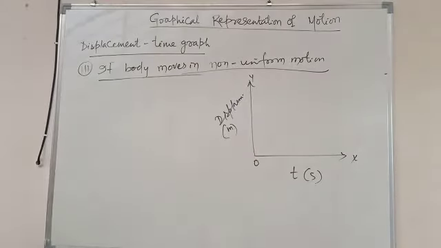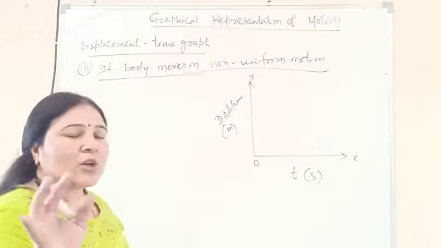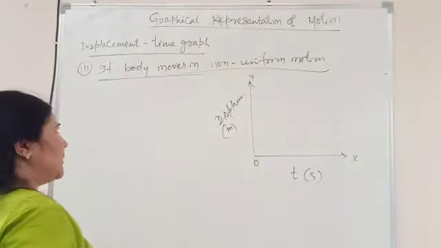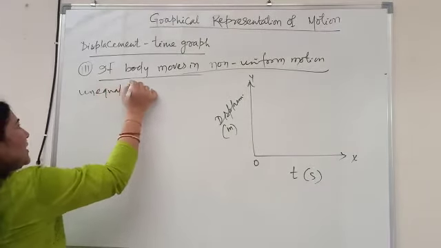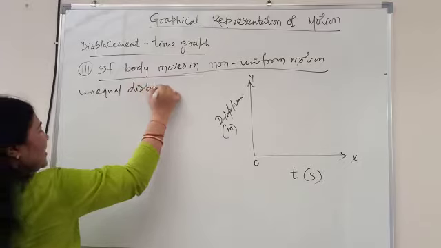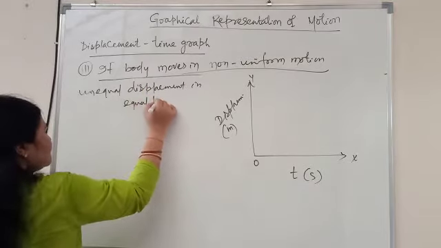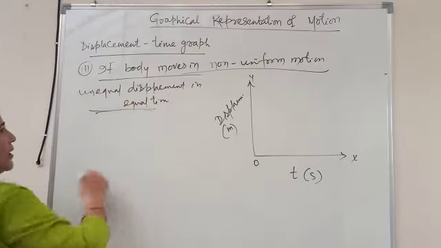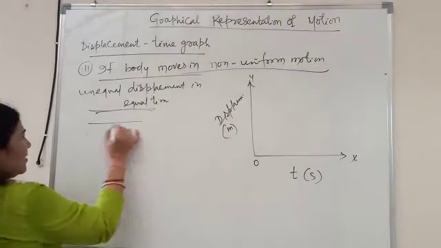So here it is non-uniform motion. Non-uniform motion, as per the definition, is when the body covers unequal displacement in equal time. So that is called non-uniform motion.